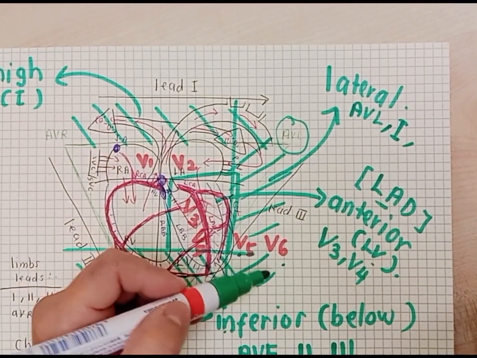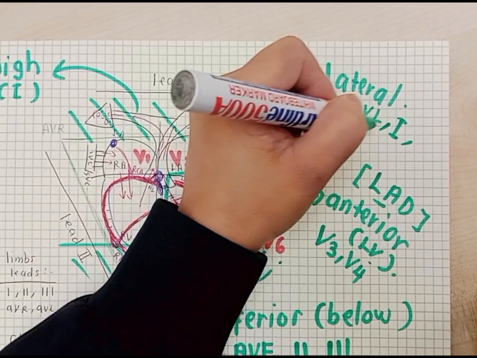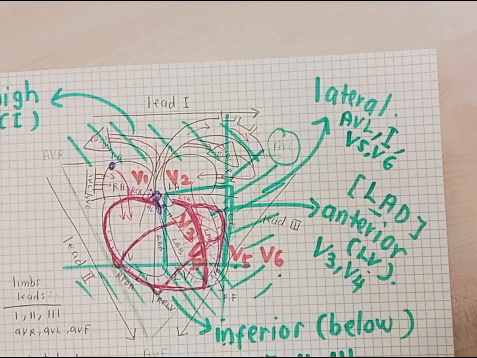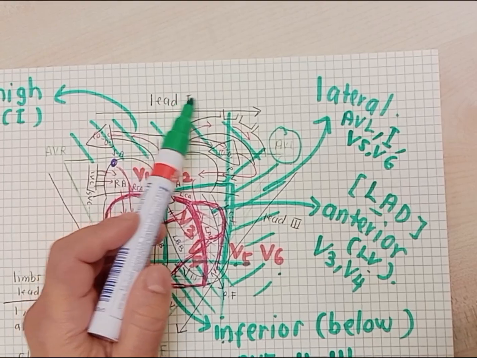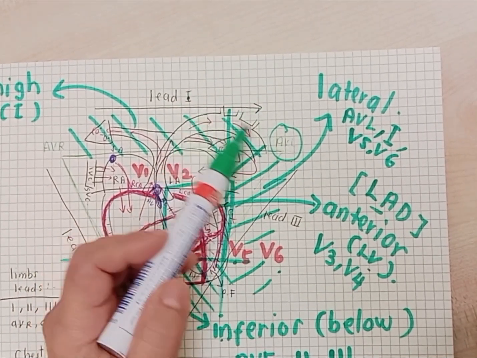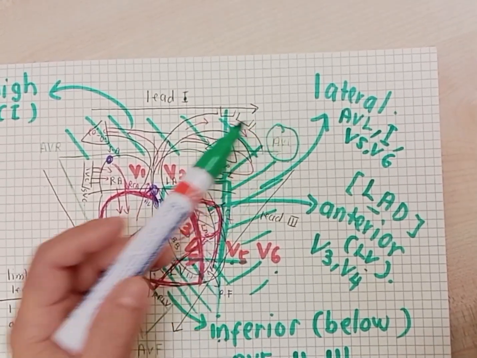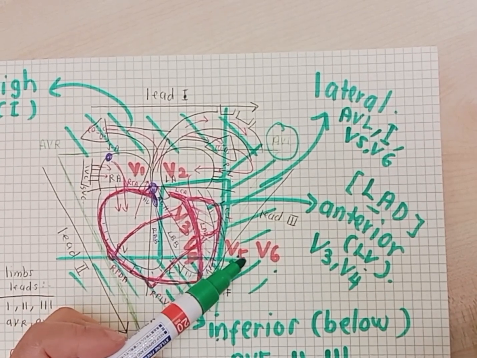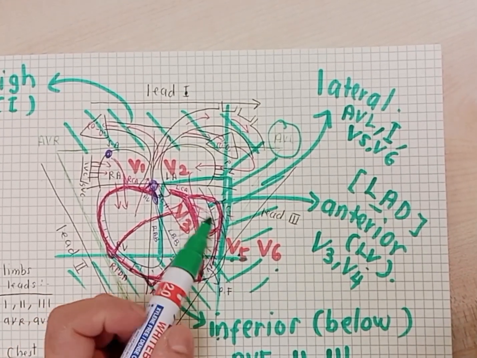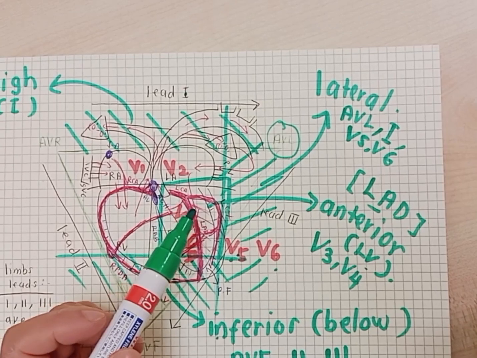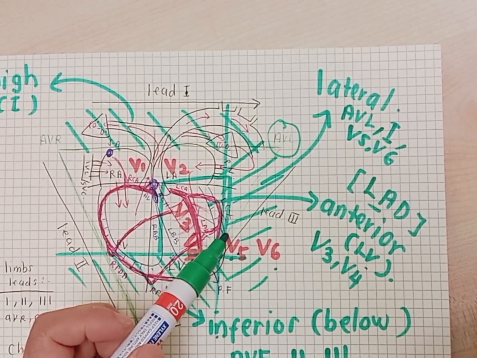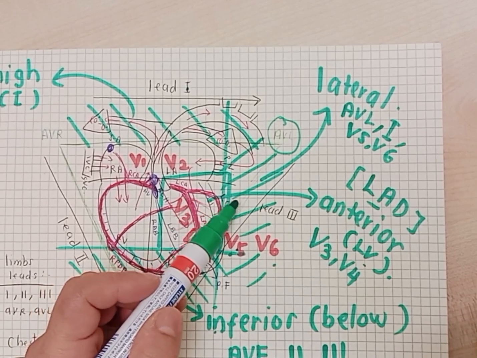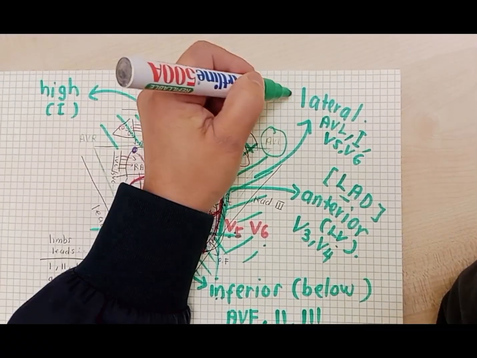V5 and V6 are located in the lateral. So the lateral leads are lead 1, aVL, and V5 and V6. The coronary artery that supplies the left and lateral part of the heart is the circumflex, LCX.